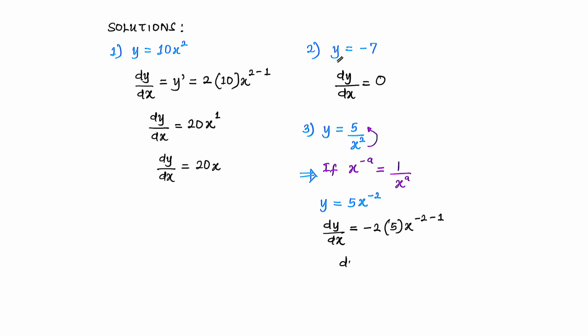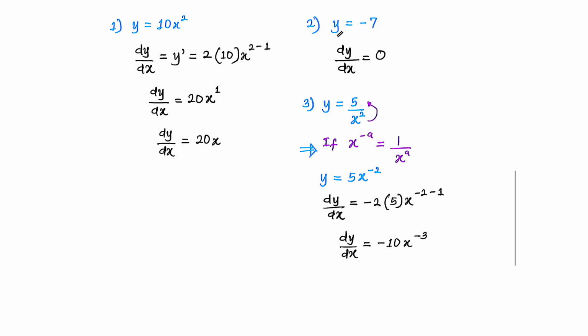So dy/dx equals negative 2 multiplied by 5 is negative 10, and x raised to power negative 2 minus 1 is minus 3.